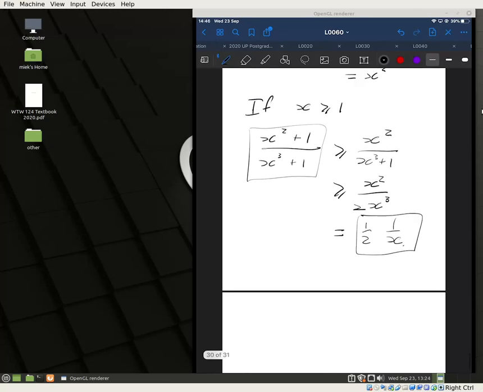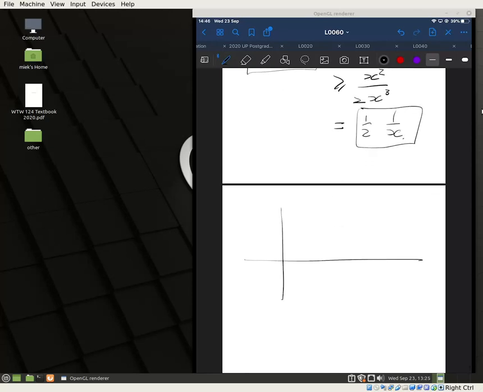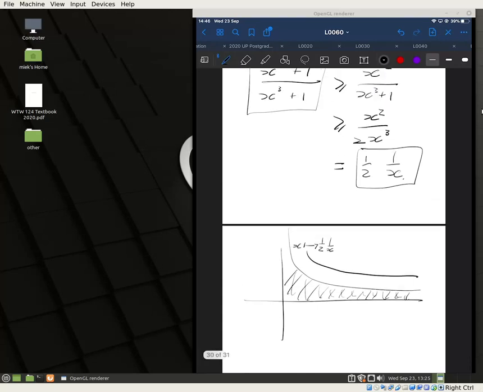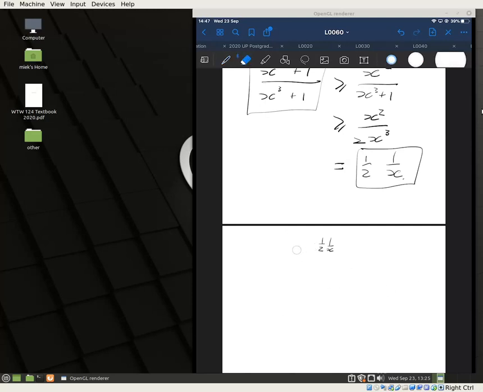Here we have the function that sends x to one half times 1 over x, and the improper integral of this function diverges. The improper integral that we are actually interested in is bigger than this integral that diverges. So our conclusion will be that our integral diverges.